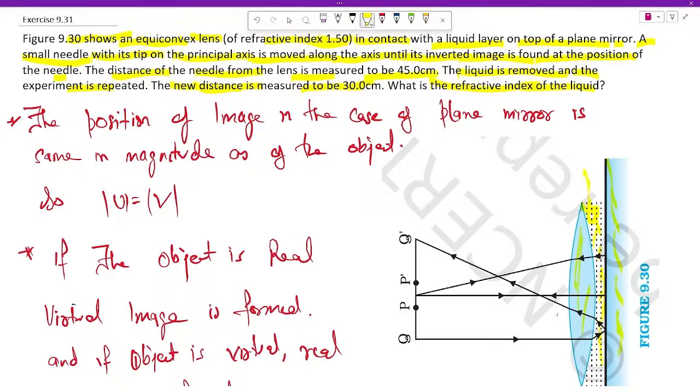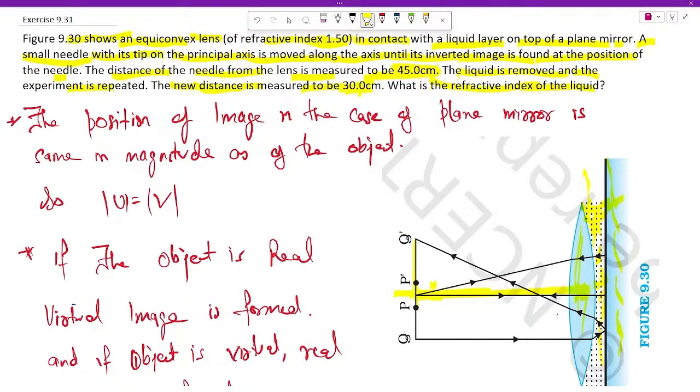So in the case when the liquid layer is present, the image of a pin at the position PQ is formed at the same position, and in the case when the liquid is not present, the same repeats as well. The only change is the distance between the object and the lens and mirror system. So when the liquid is present, the distance is 45 centimeter, and when the liquid is not present, it is 30 centimeter.